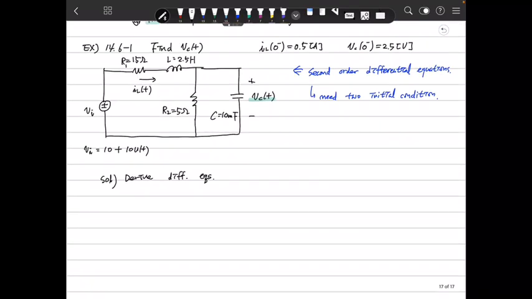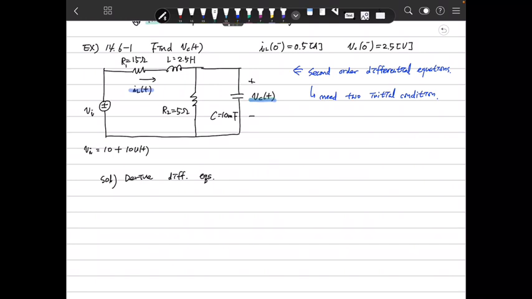We need two variables in this system with a capacitor and an inductor: the inductor current and the capacitor voltage.